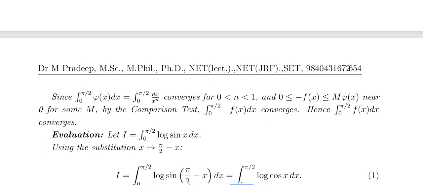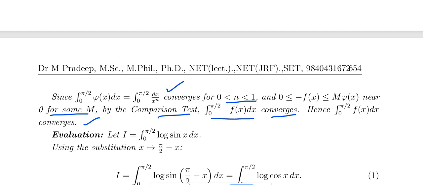Therefore by the comparison test this converges for n less than 1, and there is 0 less than or equal to minus f of x, that is m into phi of x near 0 for some m. So by the comparison test, the integral from 0 to pi by 2 of minus f of x converges, and 0 to pi by 2 of f of x dx converges.